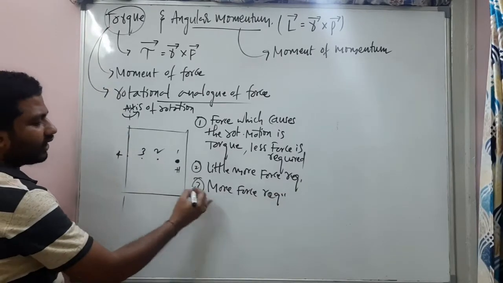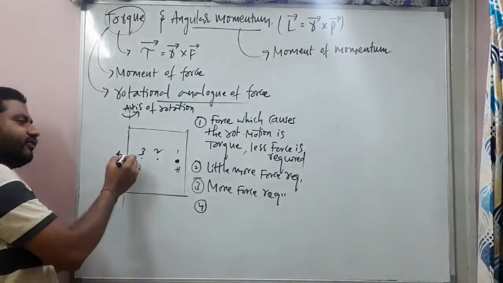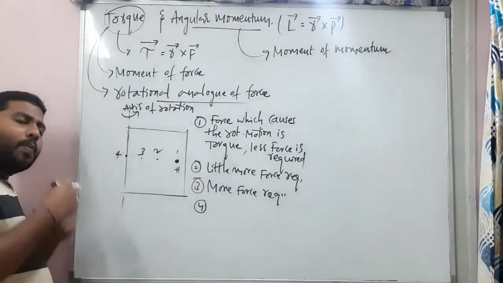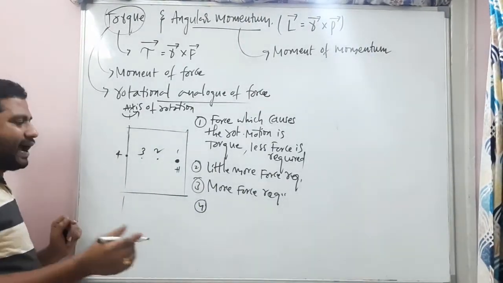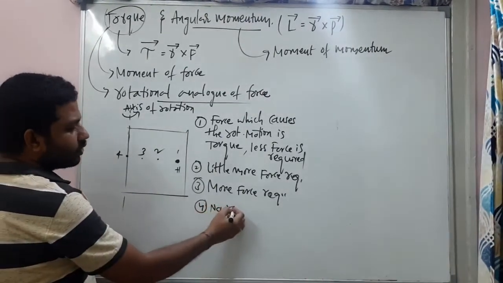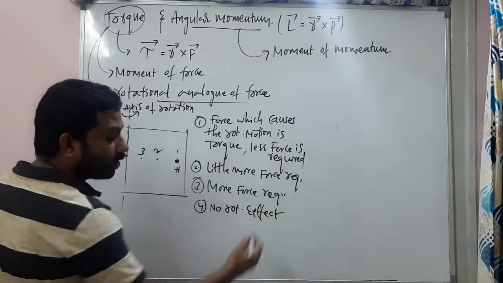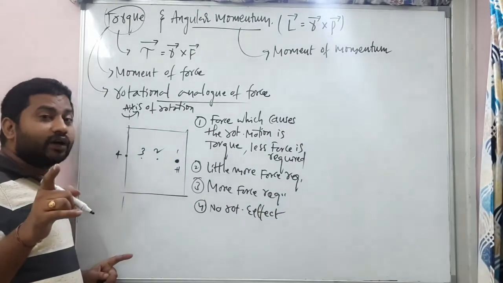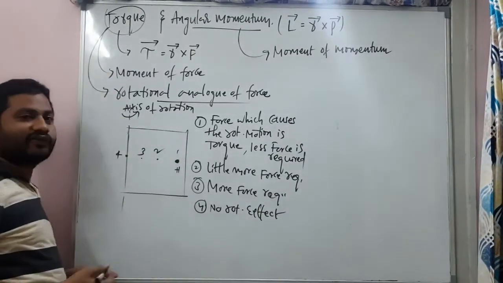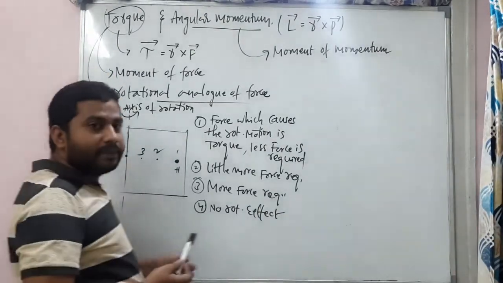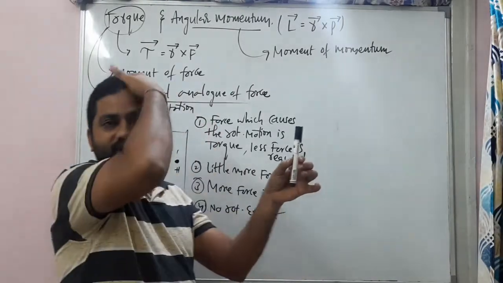And the fourth condition is very, very important. At point 4, how much is the amount of force you apply? There won't be any rotational effect because the point of application is on the axis of rotation, whatever it may be. Imagine this is the axis of rotation, my dear students.